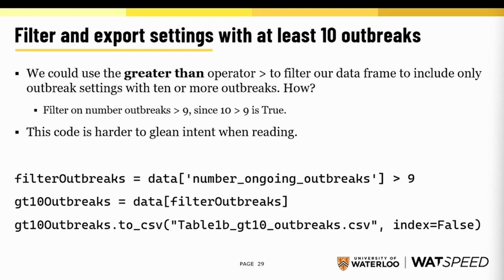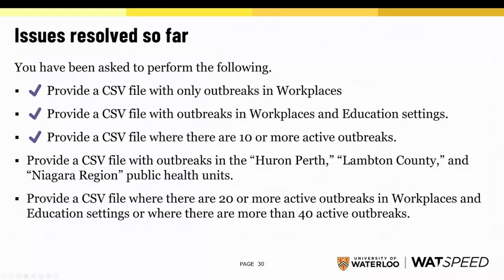But the greater than or equal to 10 value is a bit more specific in intent. We've now filtered by numeric values. Next, we're going to try and combine some more filter conditions.